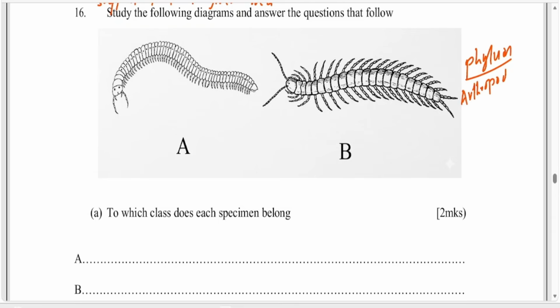Under the phylum Arthropoda, we have several classes, which include class Insecta, class Chilopoda, class Diplopoda, class Crustacea, and class Arachnida.